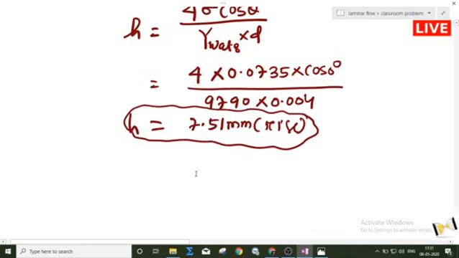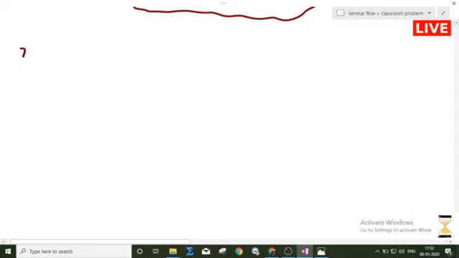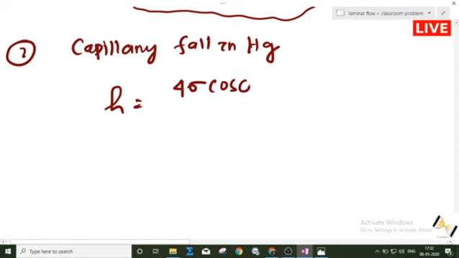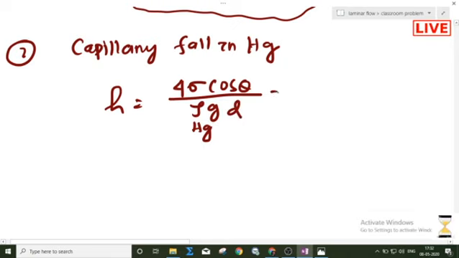Now I have to find the capillary fall. This is a very easy question. What is the capillary fall in mercury? H will be equal to 4 sigma cos theta divided by rho g, for mercury, into d. Theta is given as 130 degree.